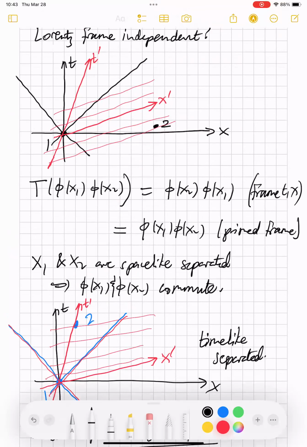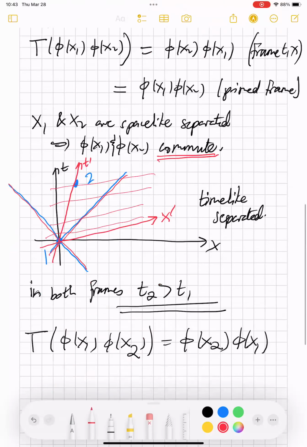So if the fields are space-like separated, the time order is not well defined, but no problem because the fields commute. If the fields are time-like separated, then the time order is well defined, and you get the same time order in the original and the primed frames. And that completes our discussion of time ordering. All we have left for this chapter is to discuss the exercises.